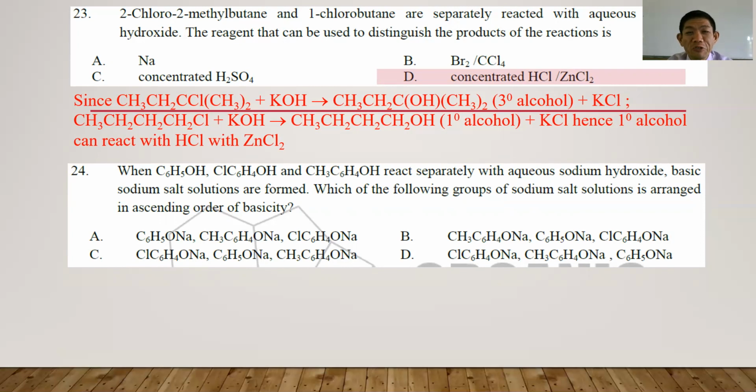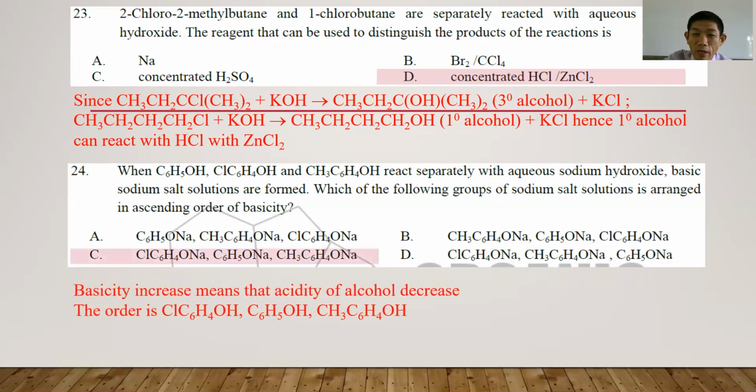So in terms of conjugate base, CH3C6H4OH methylphenol is the strongest base, followed by phenol itself, and then chlorophenol is the weakest base because it is the strongest acid. Okay, so the best answer in here will be C.